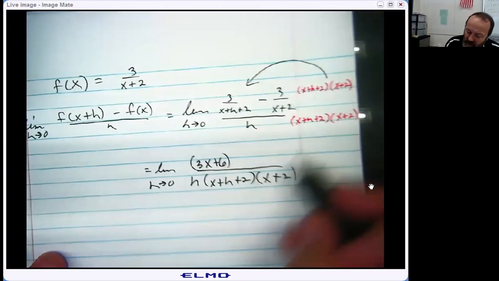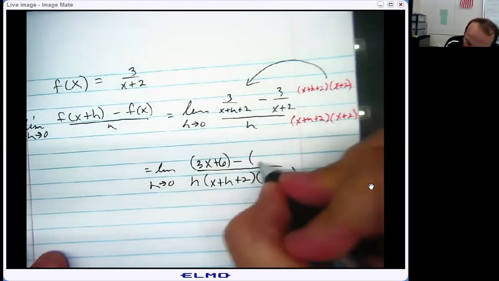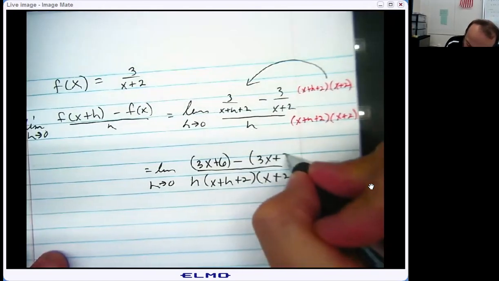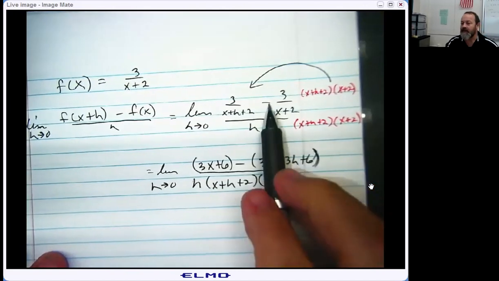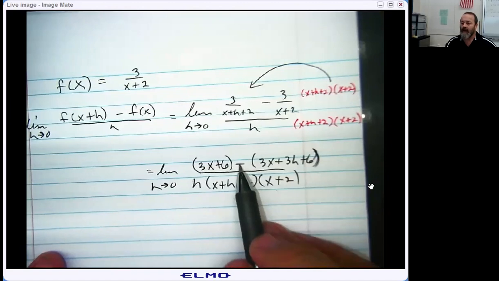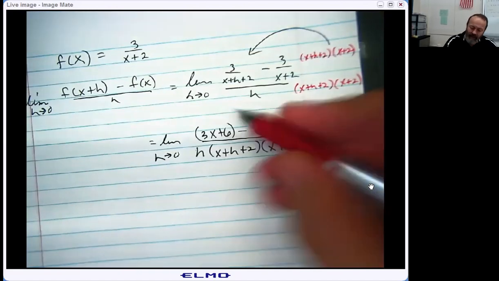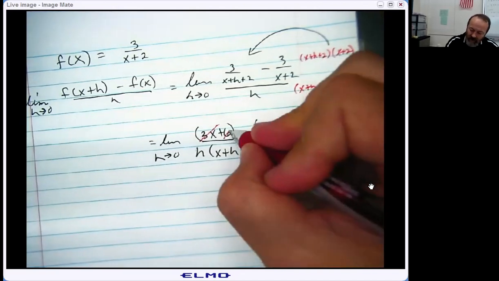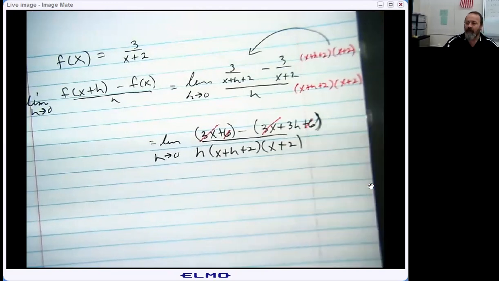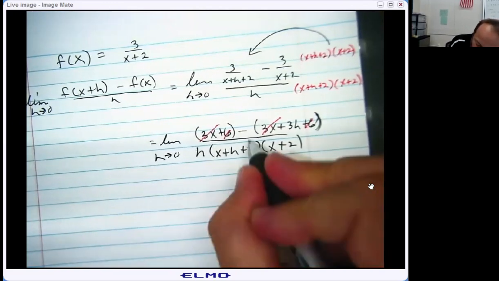In the second distribution, the x plus 2 cancels, and I'm left with the 3x, the 3h, and the 6. Now, on purpose, I left this minus in front because sometimes that can be a little bit confusing. But when all is said and done, I notice the 3x here and here went away. I notice the 6 here and the negative 6 over here went away. And I noticed that all I had left was negative 3h on top.